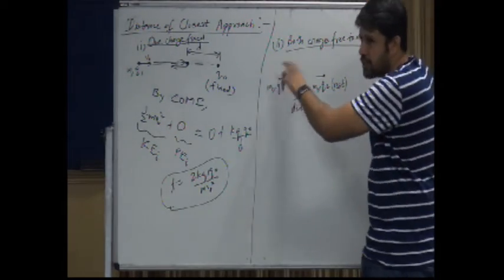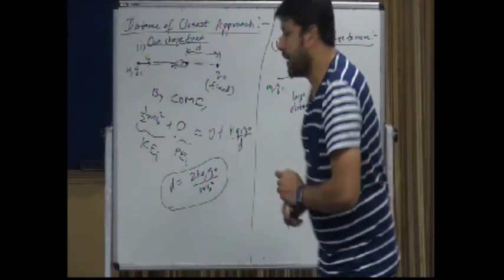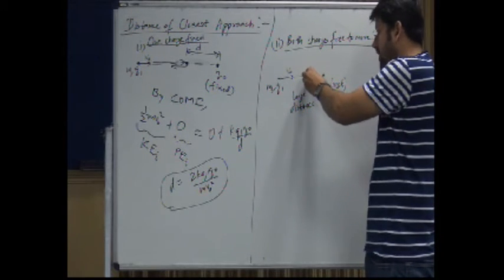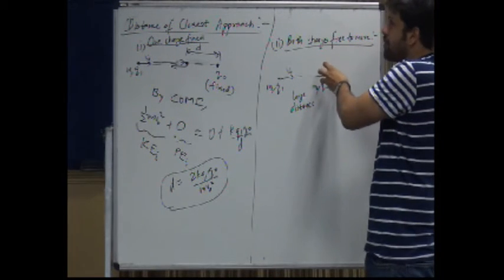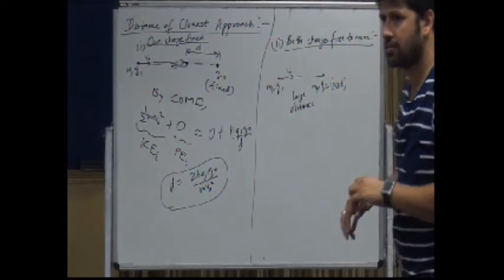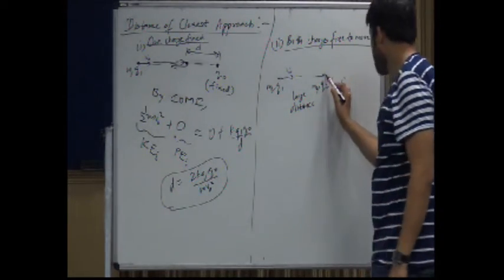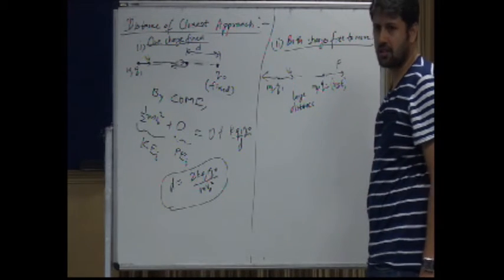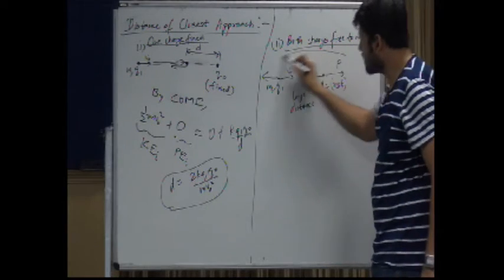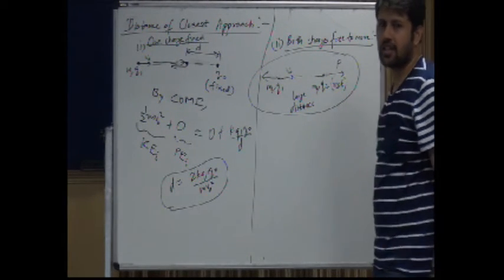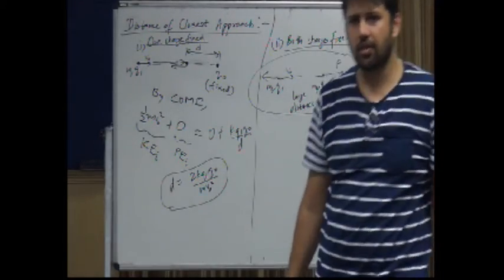It slows down to 10, and in the meantime the other speeds up from 0 to 10, because of forward repulsion on this and backward repulsion on this. Since no external force acts on this system, can you see that linear momentum would be conserved?